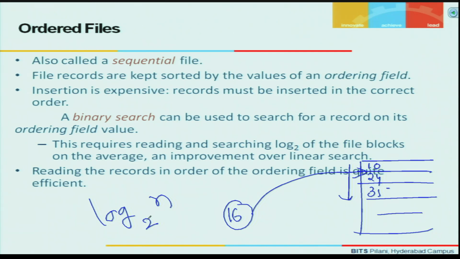And if it is an unordered file, if you are looking for a given record and you have n blocks, then n block accesses are required. This is the difference between an ordered file and an unordered file. In an ordered file, insertion is difficult and searching for a record is very easy and effective, and in unordered files insertion is easy and finding a record is very difficult.